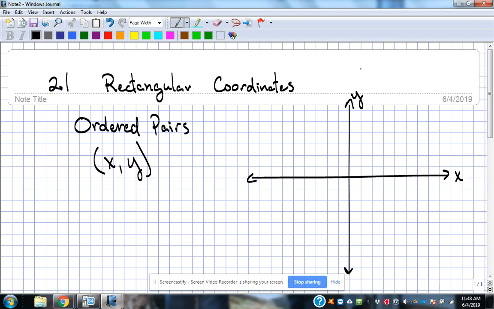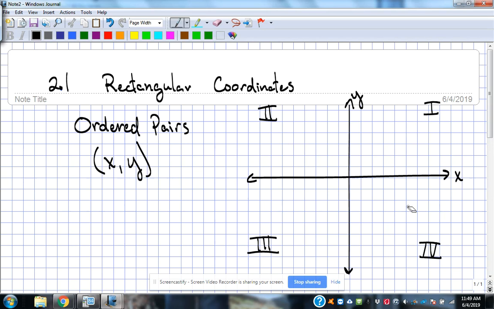Okay? There are 4 quadrants that you deal with. The quadrants start in the top right, and they use Roman numerals to number them. Quadrant 1 is in the top right. Quadrant 2 is in the top left. Quadrant 3, the bottom left. And quadrant 4 is the bottom right. So it's a counterclockwise numbering system for the quadrants.